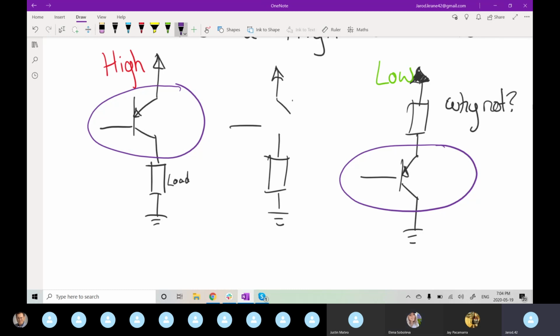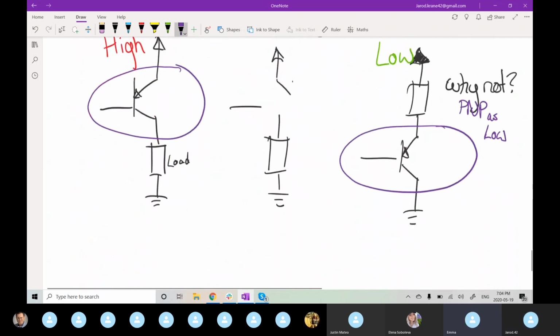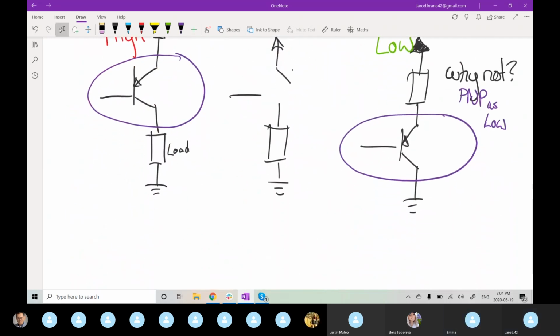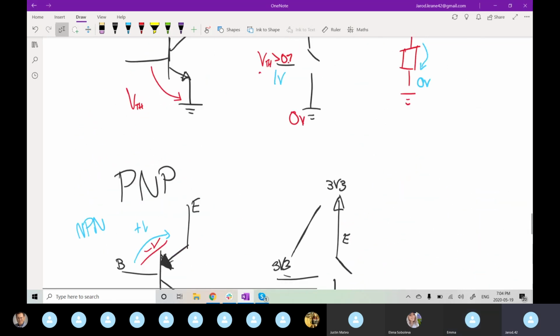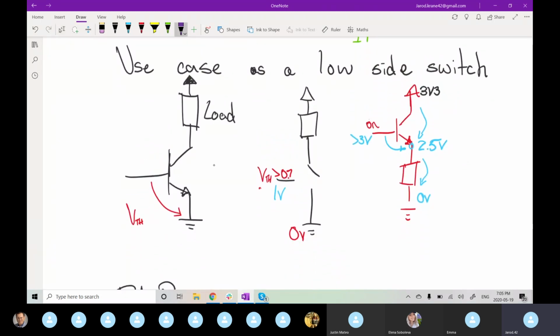Okay. But why? Why is this inefficient, or why would this not work? PNP as a low side switch. Is it something about the negative voltages we just talked about? Yes, absolutely. So if we want to swing back up to the NPN, it wants to run as a low side.